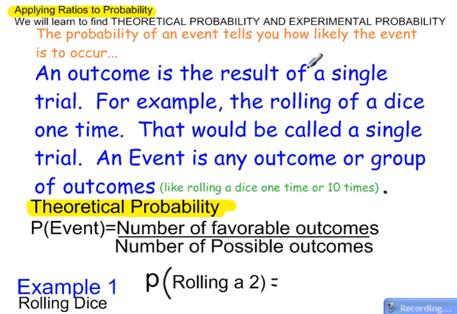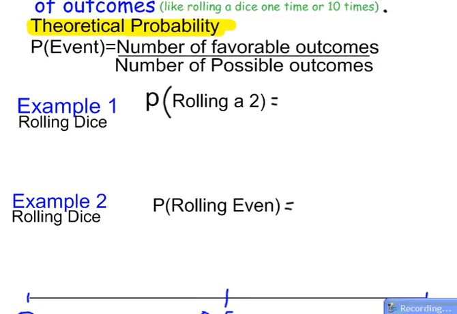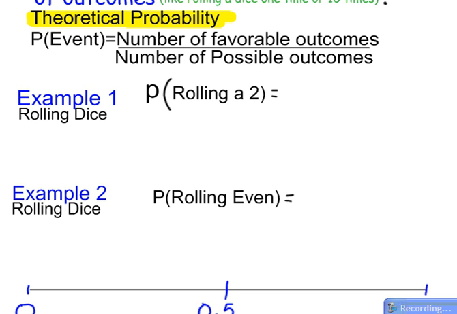So the formula for theoretical probability is: the probability of some event, no matter what it is, is the number of favorable outcomes divided by the number of possible outcomes. Two quick, easy examples. Let's talk about rolling a dice. On a dice, you've got 6 numbers, numbered 1 through 6.